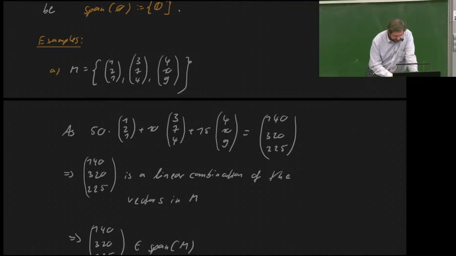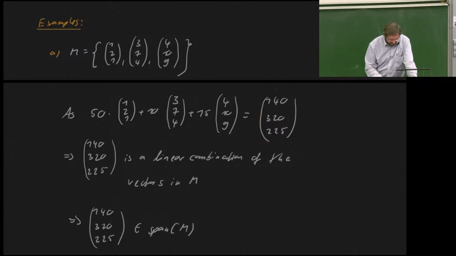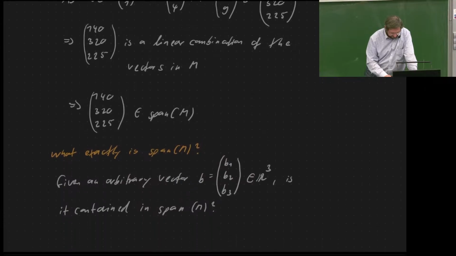A couple of examples. Let's say this here is our set M, three vectors. We can take arbitrary coefficients here and compute that sum. That's the result, and that's a linear combination of those three vectors.